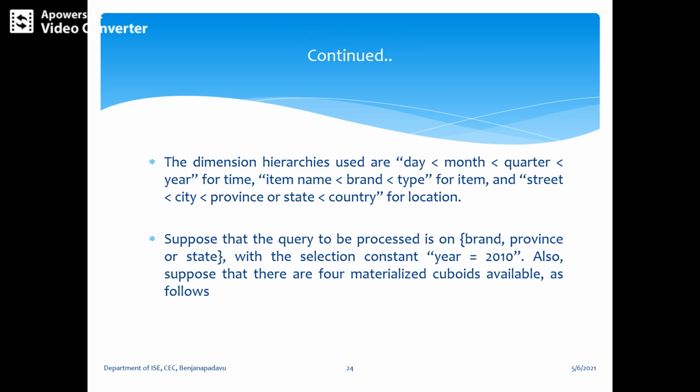That total order for time starts with day, month, quarter, year. For item: item name, brand, type. For location: street, city, province or state, and country.